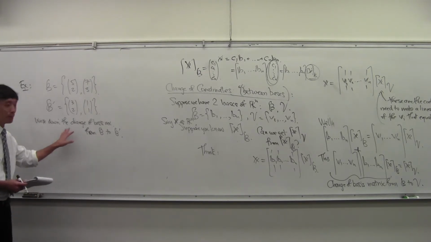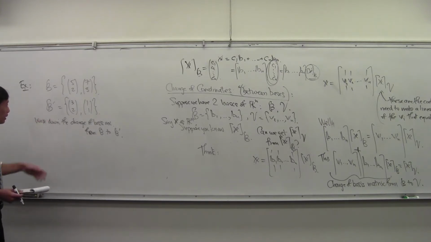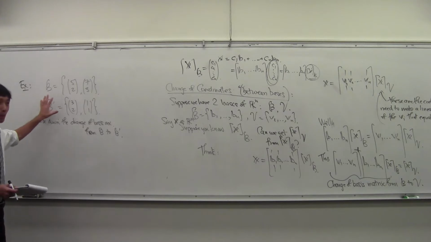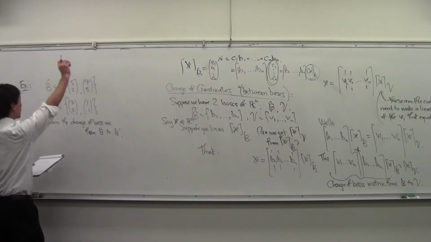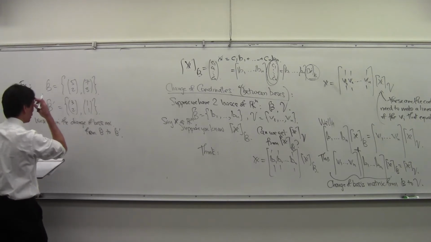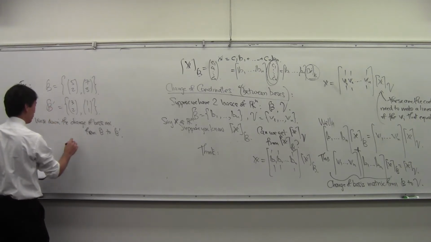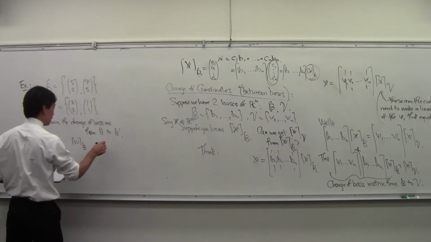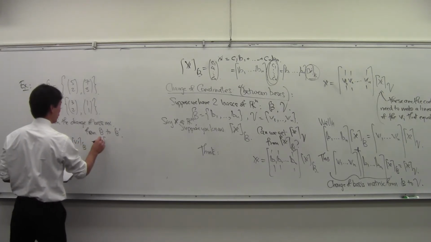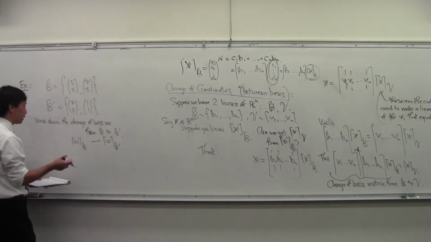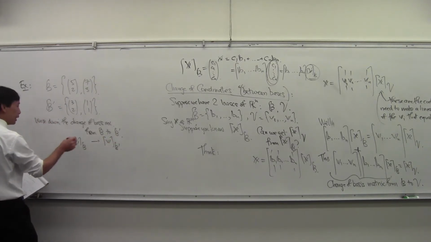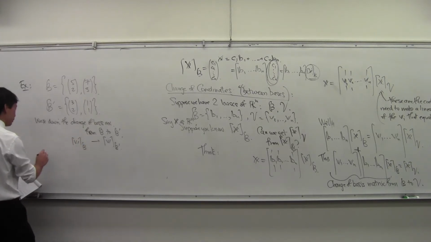Okay, let me just run through it. Even if you forget how to do it, it's easy to reconstruct. I want to get from the coordinate vector with respect to B to the coordinate vector with respect to B prime. How do I get from here to here?